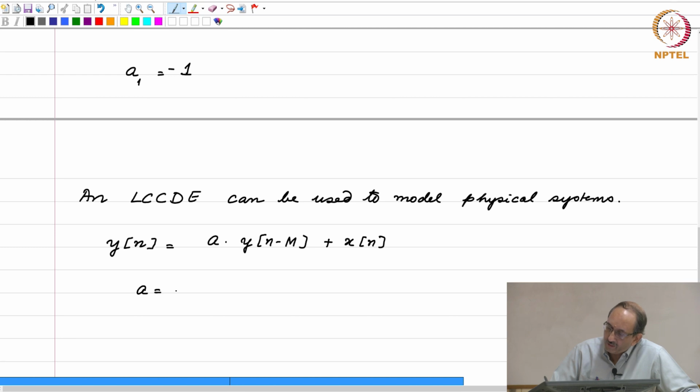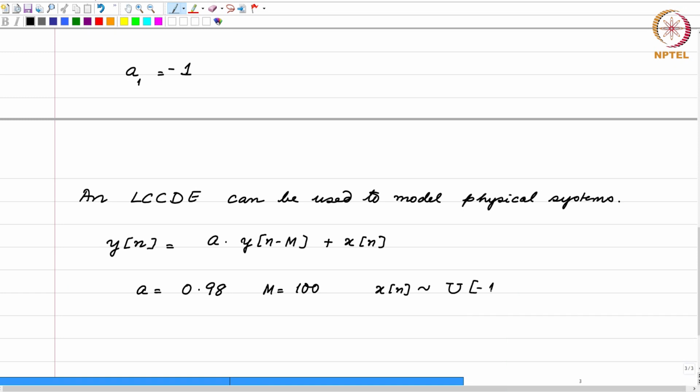So, we will let A be 0.98, M we will take as 100, and then x of n we will make a uniform random variable between -1 and +1.